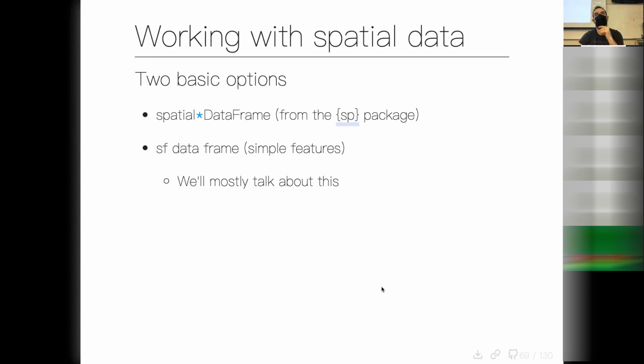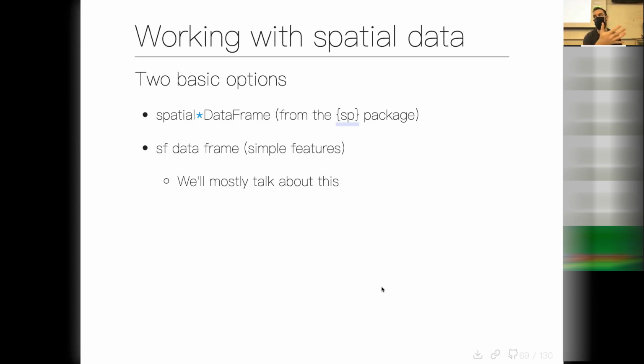Okay, working with spatial data. So you do have two basic options. The standard used to be SP, okay? And SP was spatial polygons data frame or spatial lines data frame or whatever, right?